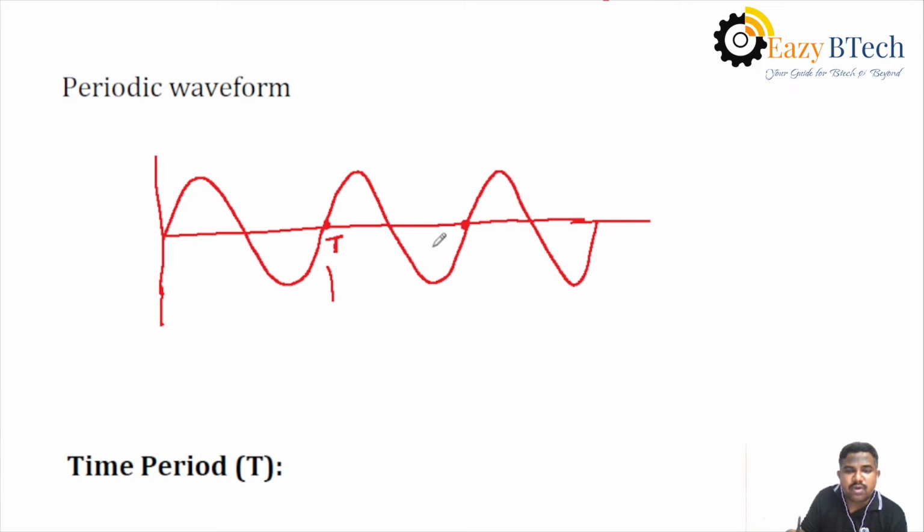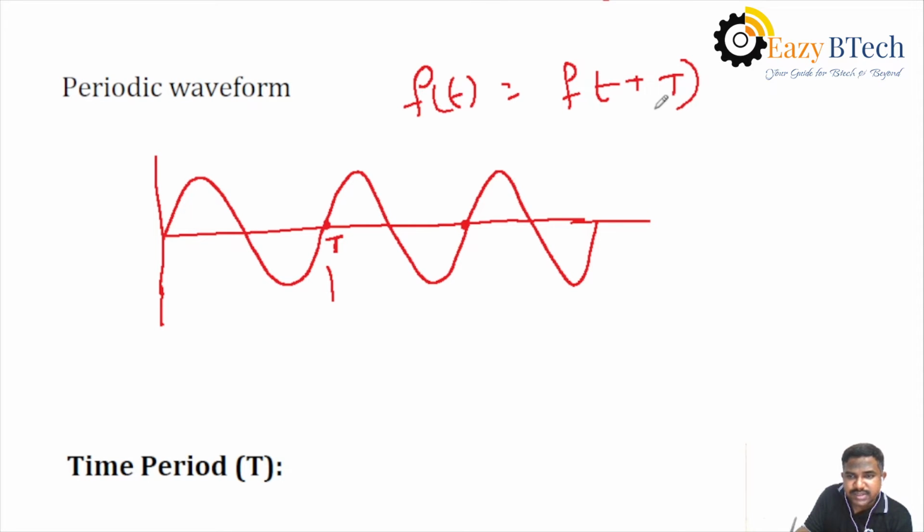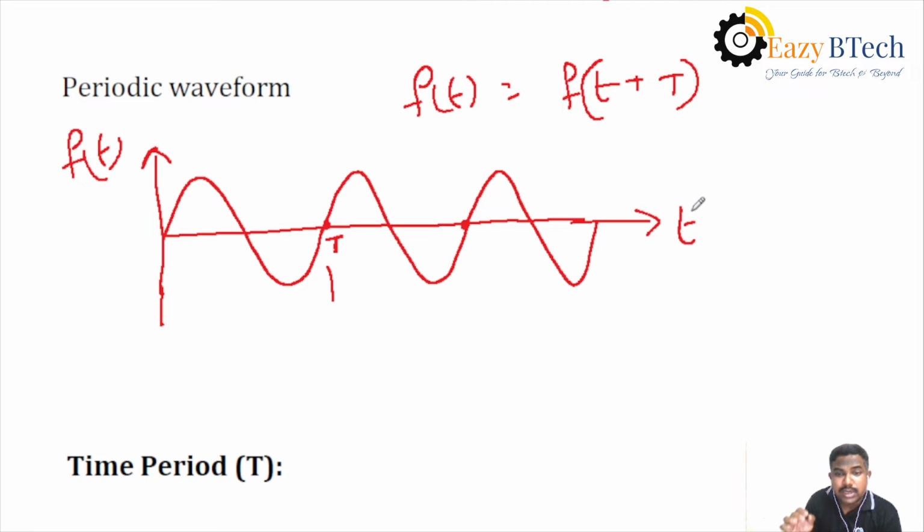Then that waveform is called the periodic waveform. The definition is f of t equals f of t plus T. That is, the same function or the same waveform will be repeated at every time interval capital T.